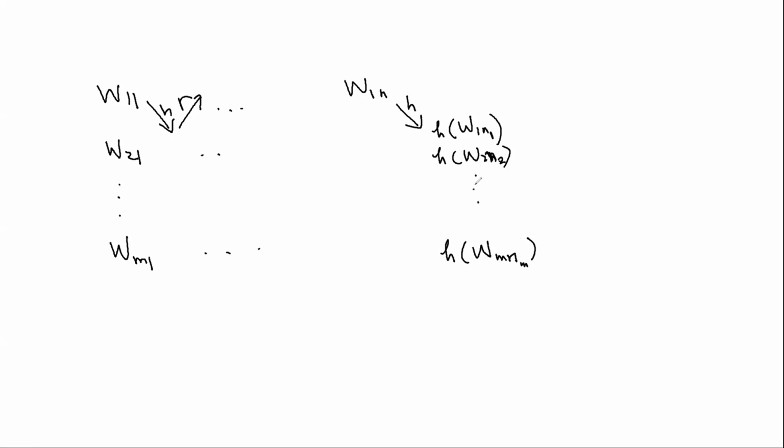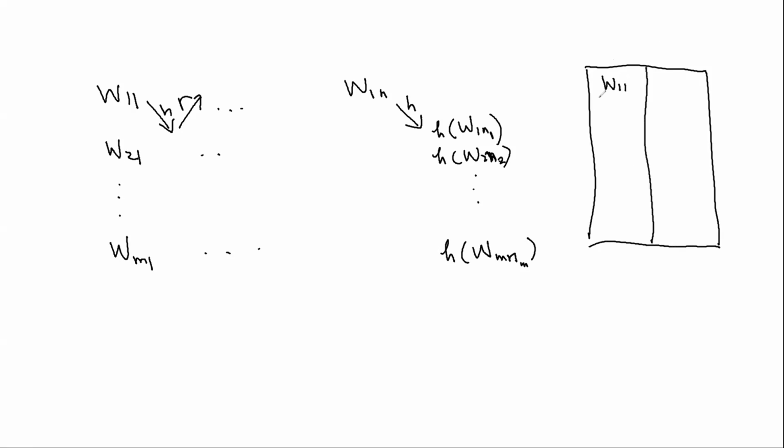So then what I get to store is this. Okay, I get W11. And the next value will be H of W1N1. W21, H of W2N2.